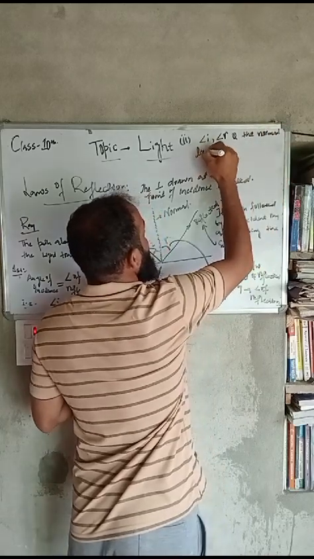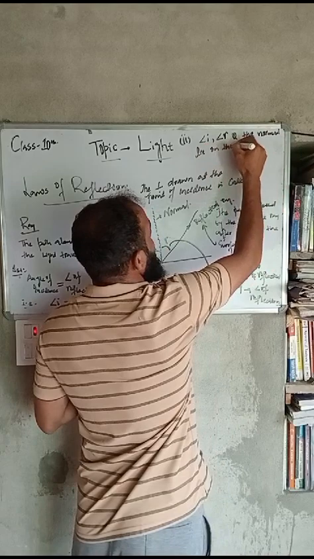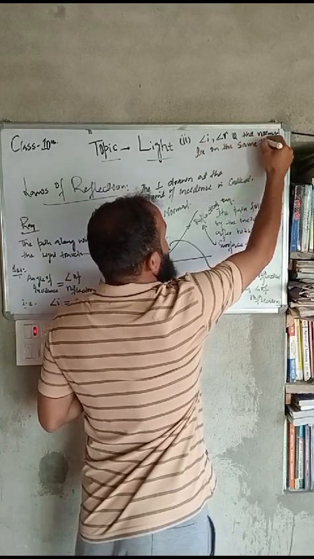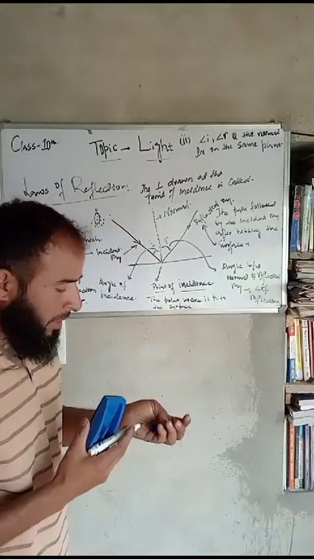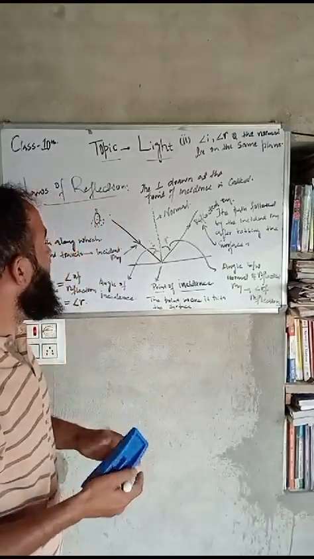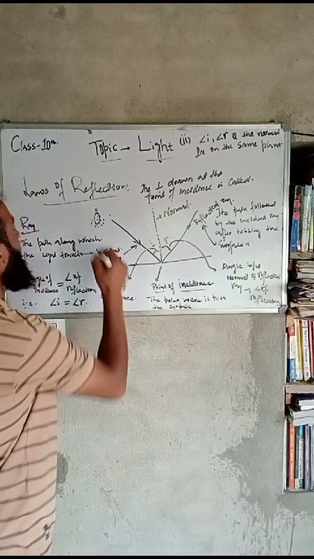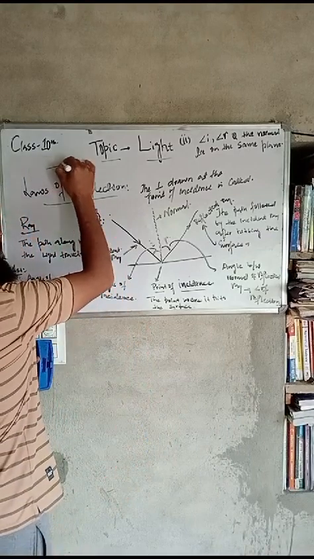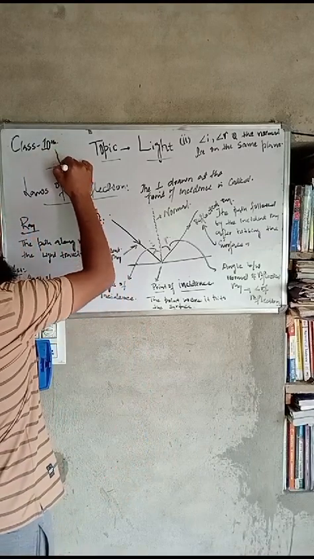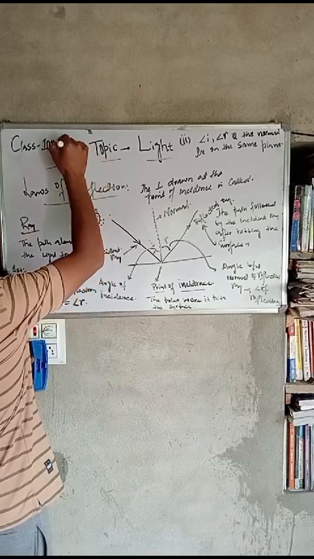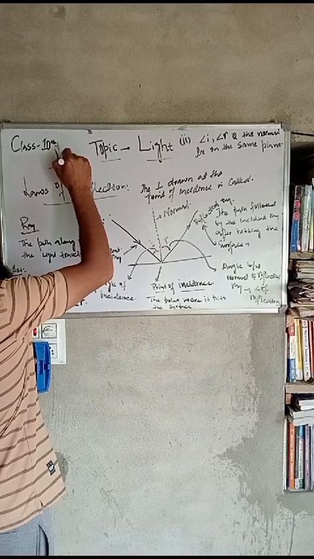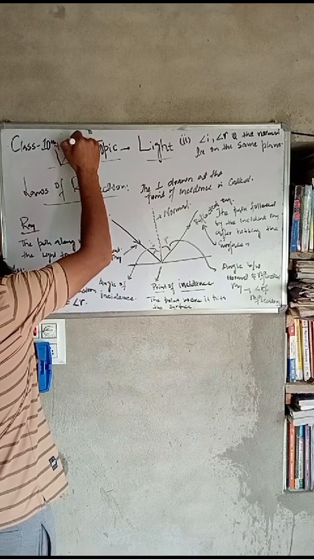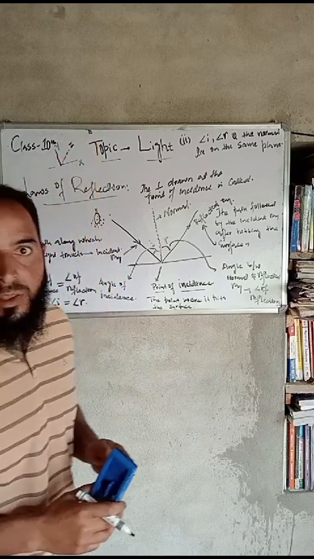They lie on the same plane. That means, suppose this is the x-axis, this is our y, and this will be our z plane.